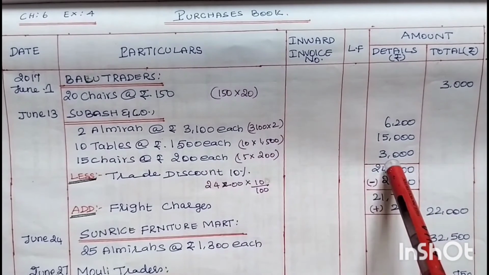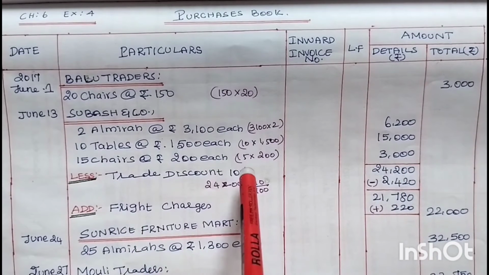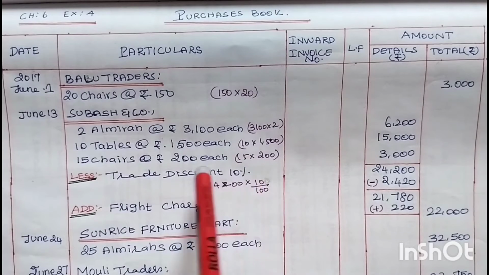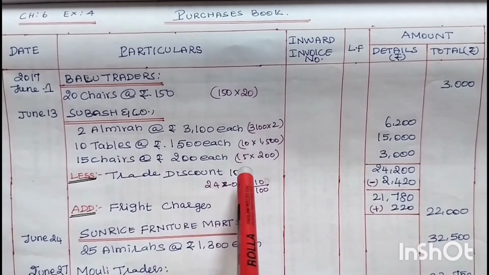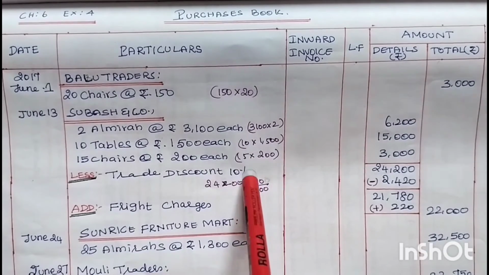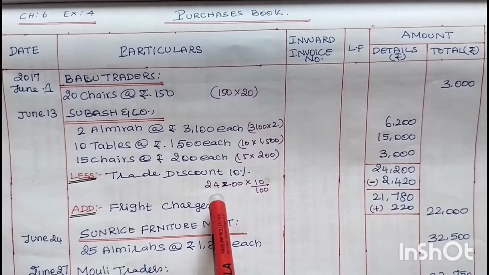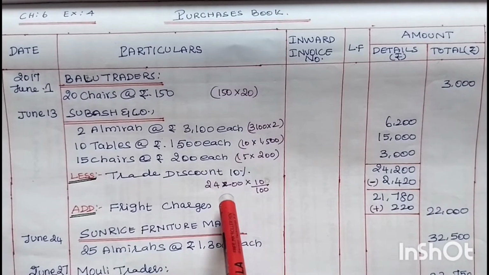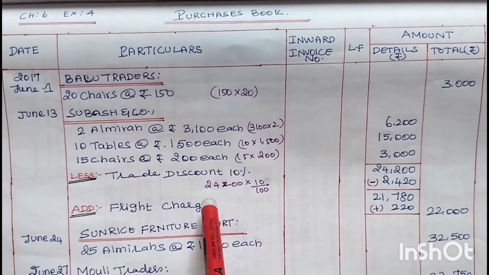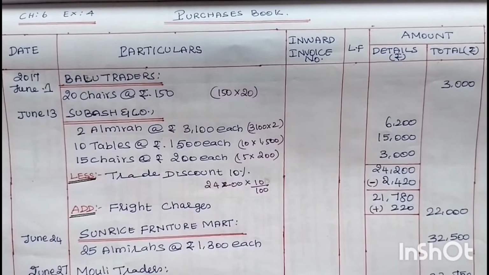Okay. Then we have to subtract trade discount at 10%. So less trade discount 10%, we will find 10% discount from the total amount. So we have to find that value. How do we find it?